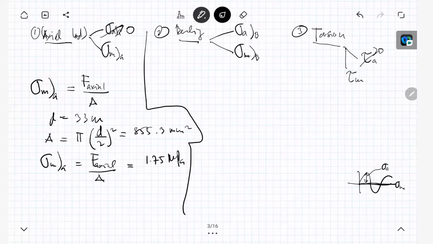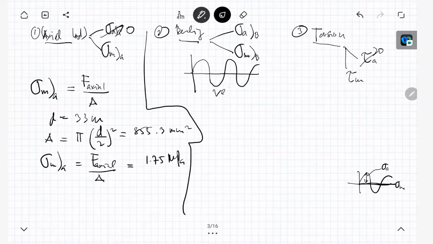Okay, untuk bending, it's like the R.R. Moore test. So dia akan jadi macam ni lah. Kita panggil reverse, fully reverse.